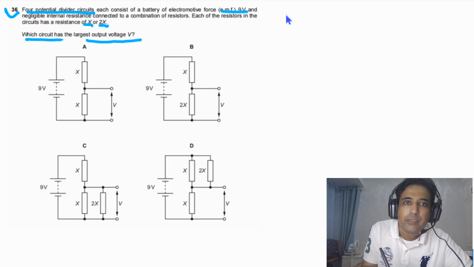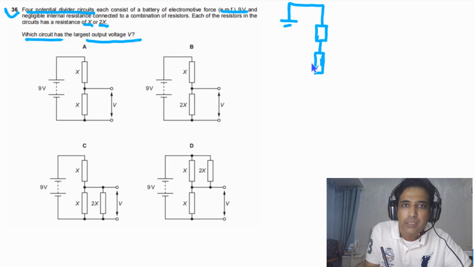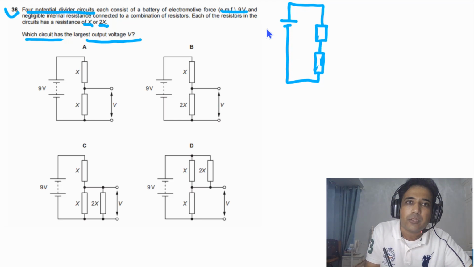So for this purpose we can draw one very simple potential divider circuit. We can imagine we have just two resistors, connected in series. This is our very simple potential divider circuit. We can say the EMF of this power supply is V0 and it has no internal resistance.